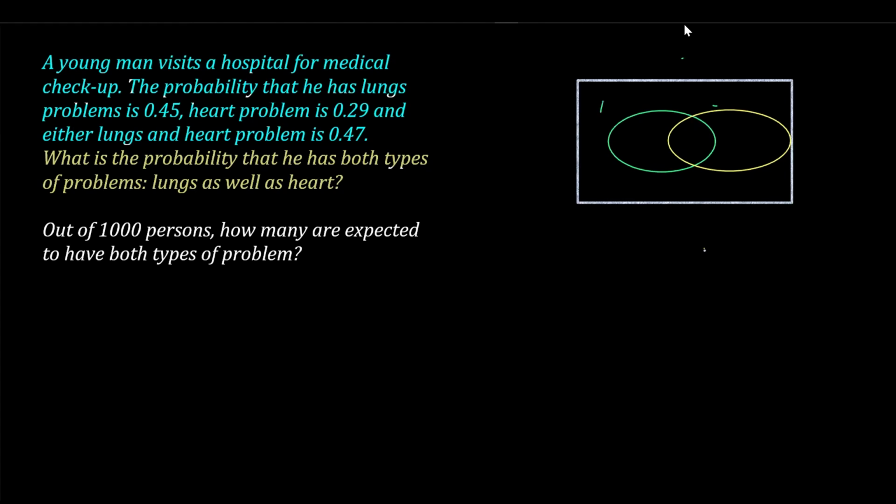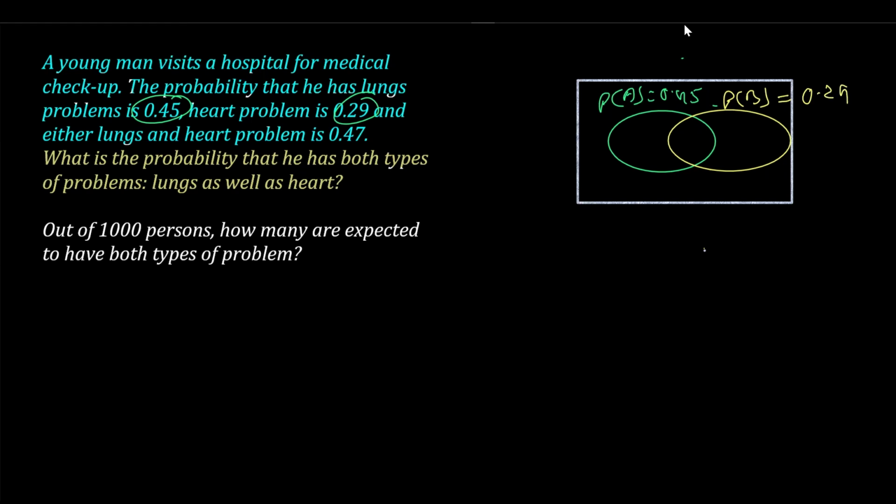So we know the probability for the lung problem, that is, has lung problem is how much? PA is 0.45. And for heart problem, if I take PB, this is 0.29.